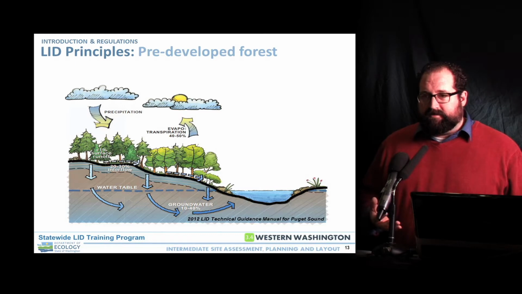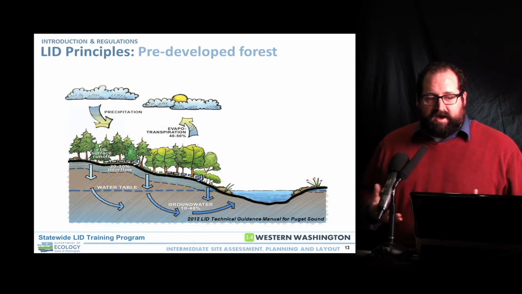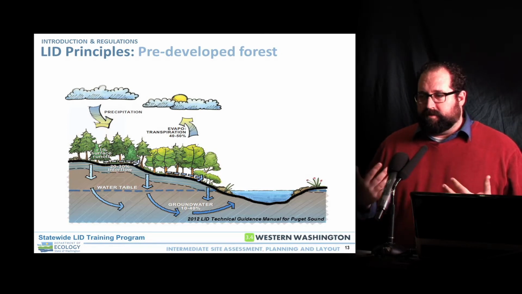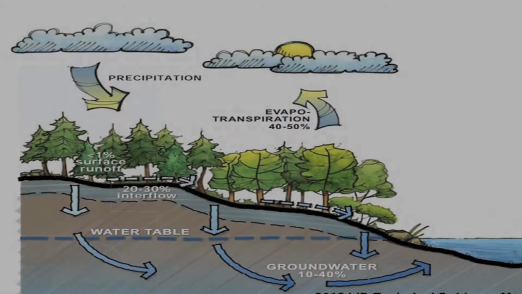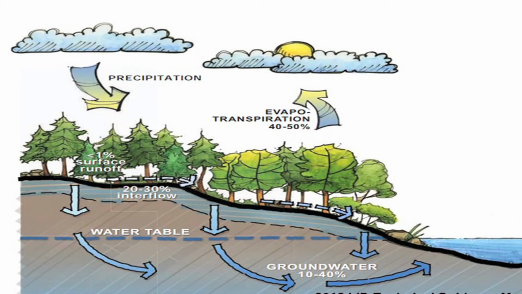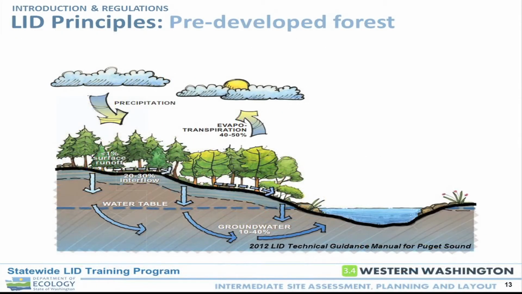So the idea that a natural condition, we have precipitation that's landing on mostly a vegetated condition. Because there's vegetation on the surface of the ground, we have not as much runoff. We have capture by the plant material itself, and then that water is actually evaporated back up into the atmosphere. So you have a lot of evapotranspiration off of the vegetation.